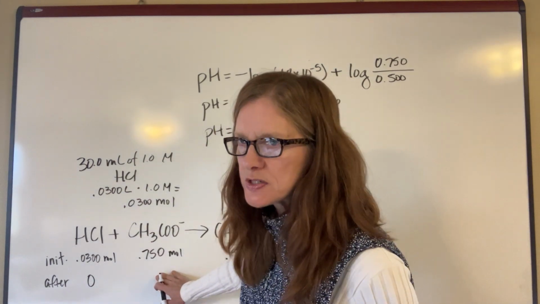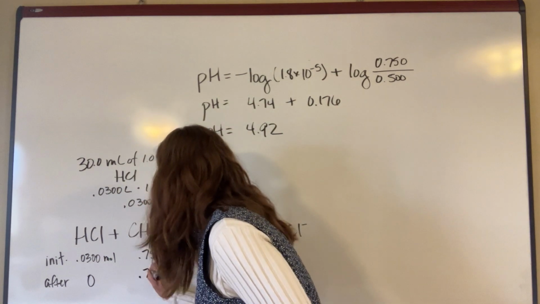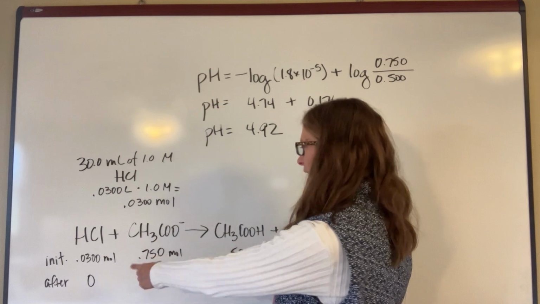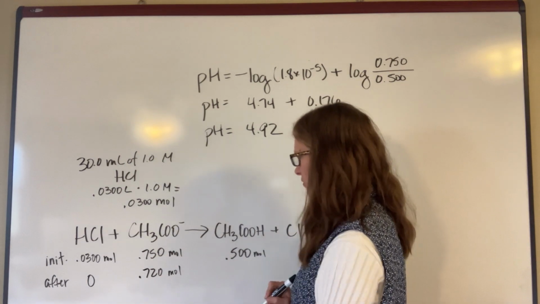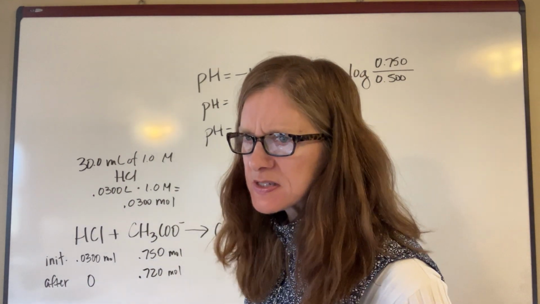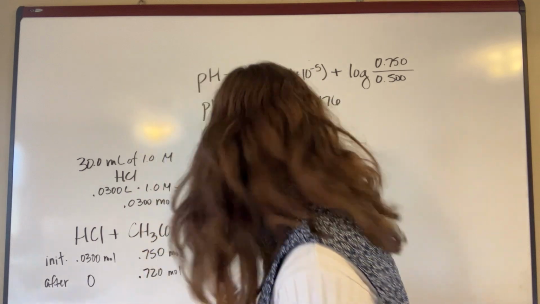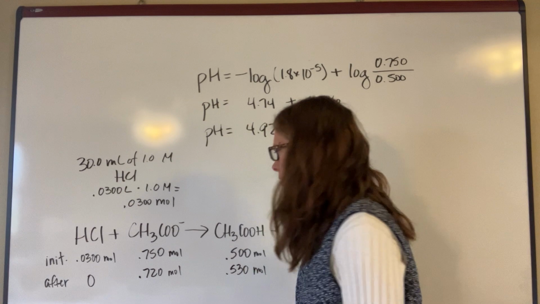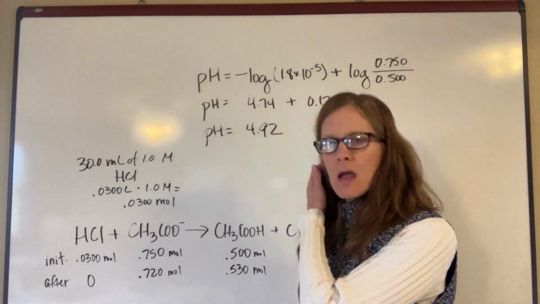So this is going to give me 0.720 moles of the acetate ion. And I'm going to add 0.03 moles to this side. So that means this is going to give me 0.530 moles over here. Okay.